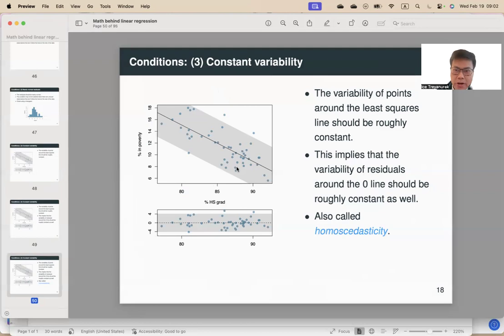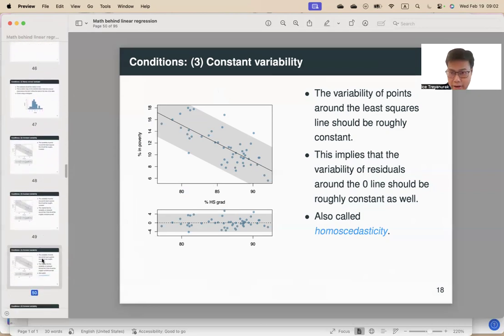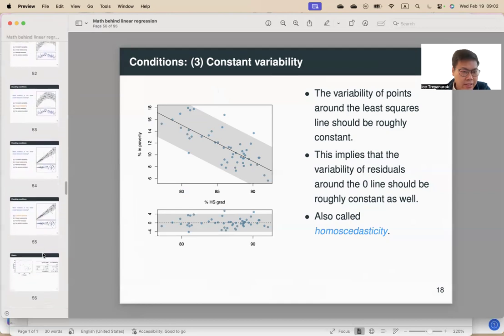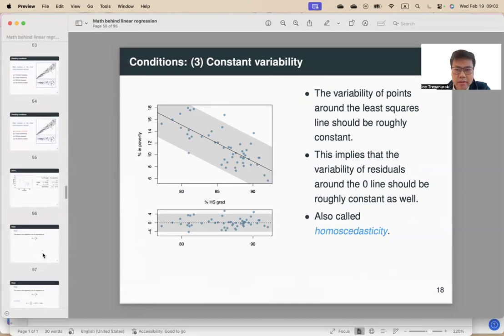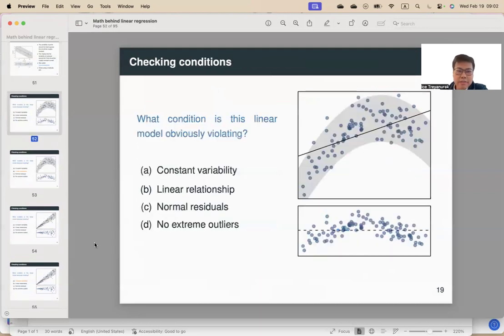The more varied the points, the worse it is. All right. So just to remind you, this theory is not as relevant in application, but it's good to know anyway. That's part of the thinking behind linear regressions.